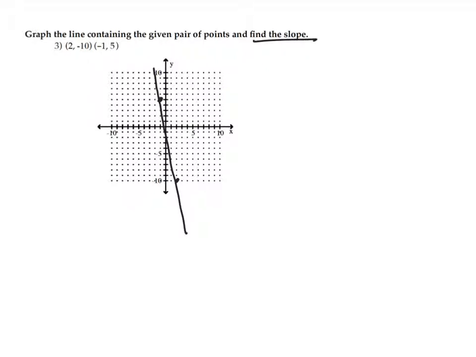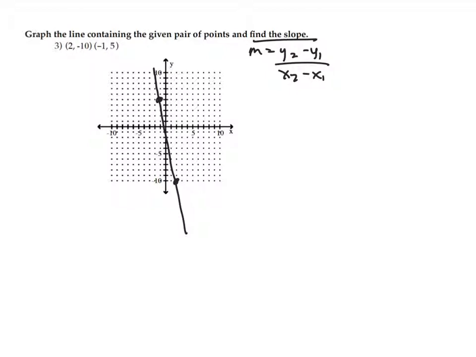So to find the slope, I can do a rise over run thing. I could use the formula, m equals y2 minus y1 over x2 minus x1, but I'm just going to count. So from this point down here to get to that point up there, I have to go up 15.